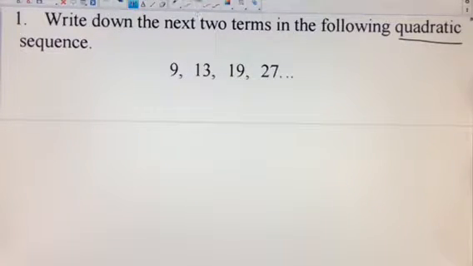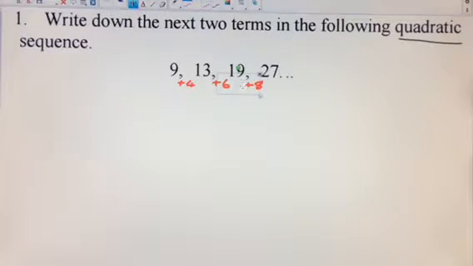9 goes to 13, which is a plus 4. And then here, this one is adding 6. And then this one is adding 8. Alright, so you've managed to find out the differences between these numbers.